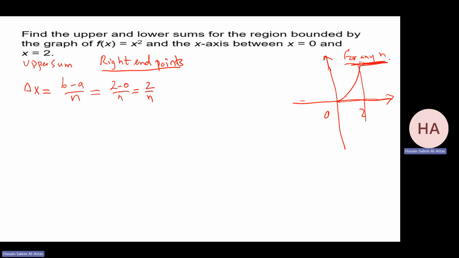If I want to split the intervals, that will be 0, 2 over n, 4 over n, up to n over n.